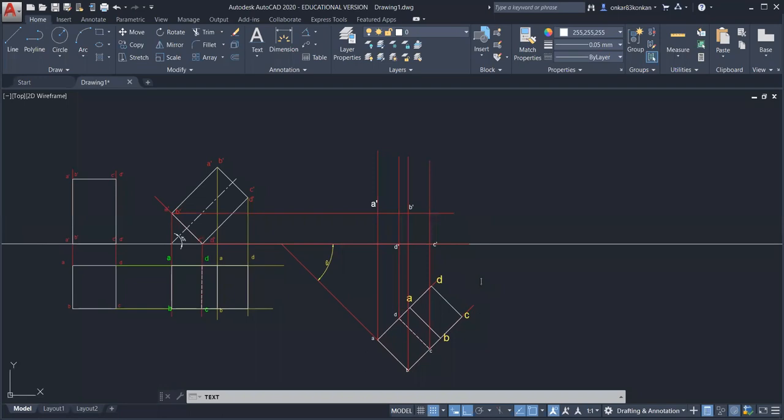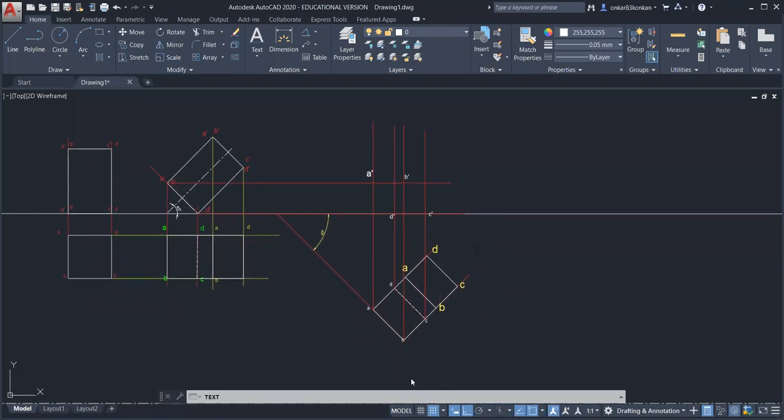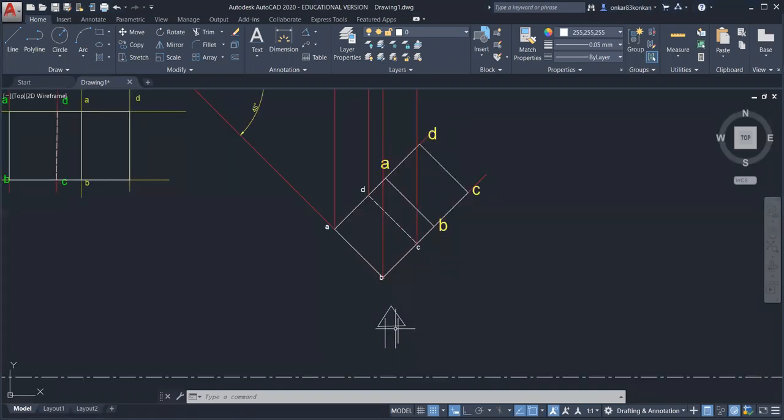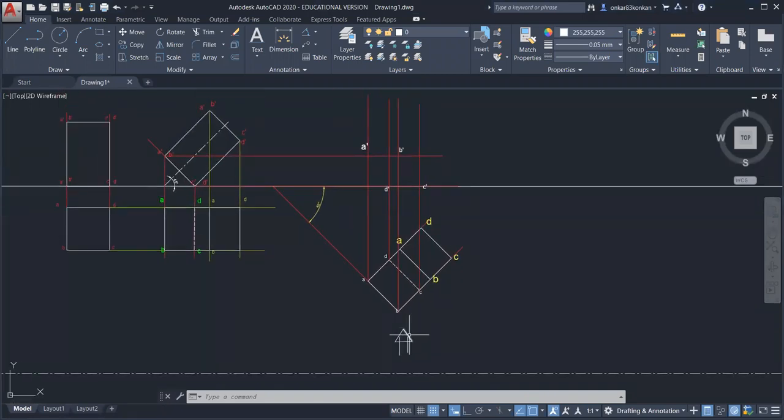Now just observe from this direction. This is the position of the observer for the final stage front view. From this direction, observe the edges which are nearer to the observer. AB is nearer to the observer, even CD is nearer to the observer.